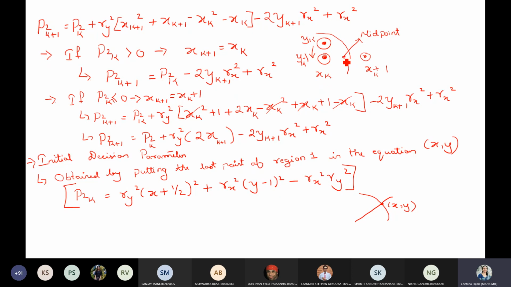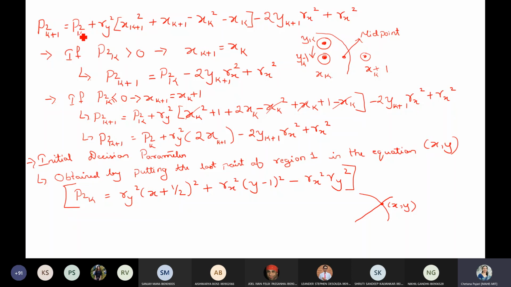So first you are going to calculate your midpoint and then see if the midpoint is within the boundary, then you are going to select your xk. And if the midpoint is outside the boundary, which means it is near to xk plus 1, you will be selecting xk plus 1. So decision is based on whether the midpoint is inside the boundary or outside the boundary. If it is inside the boundary, you are selecting xk. If it is outside the boundary, you are selecting xk plus 1, right?